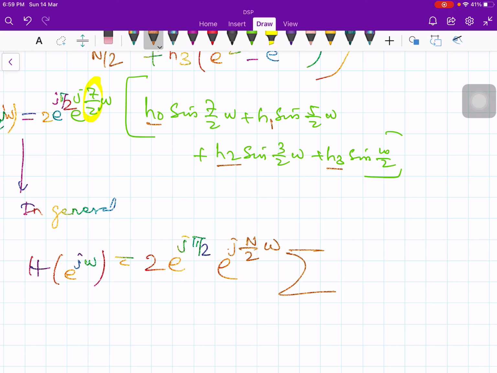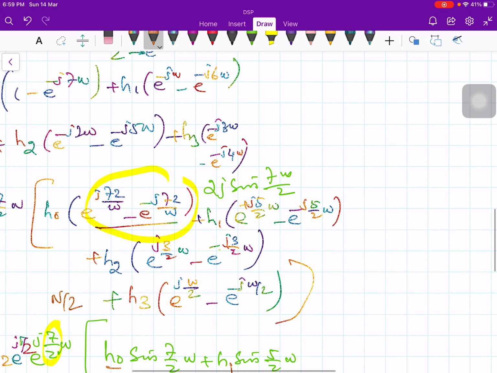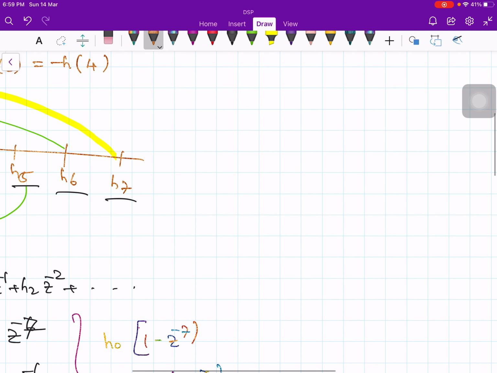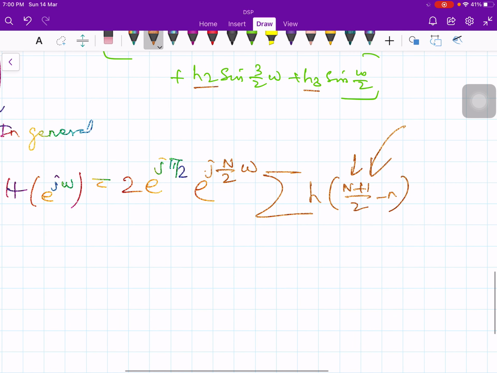This can be written as h of (capital N plus 1) by 2 minus small n, because capital N is an odd number here, 7. Therefore, if you substitute 7 here, 7 plus 1, 8, 8 by 2, 4, h of 4 minus n.